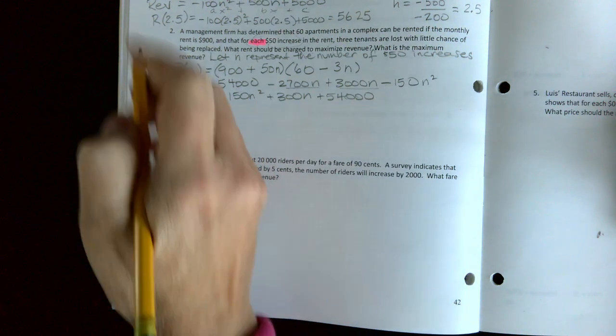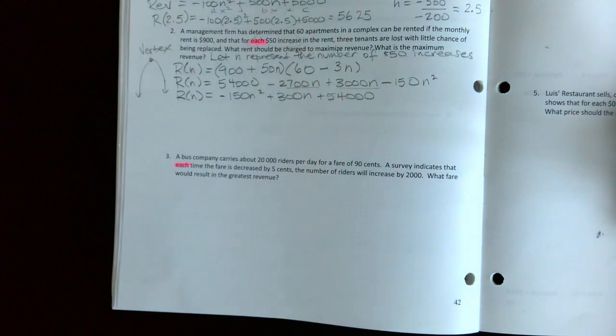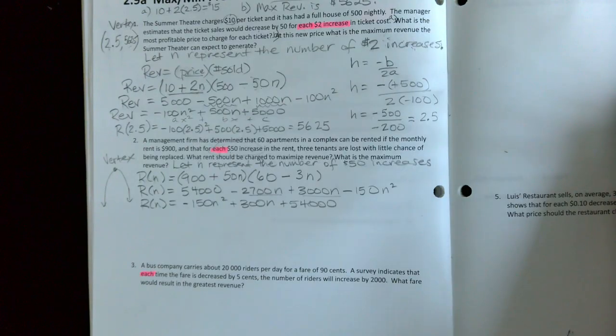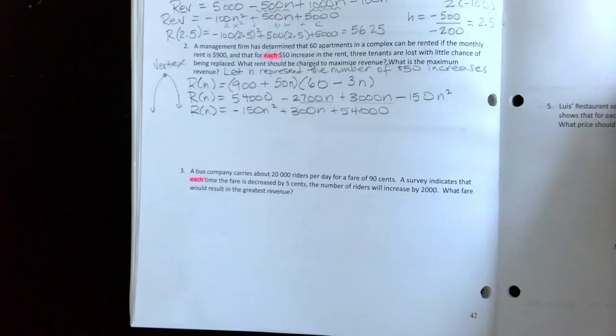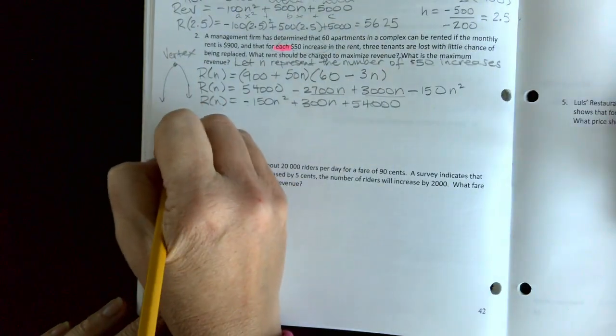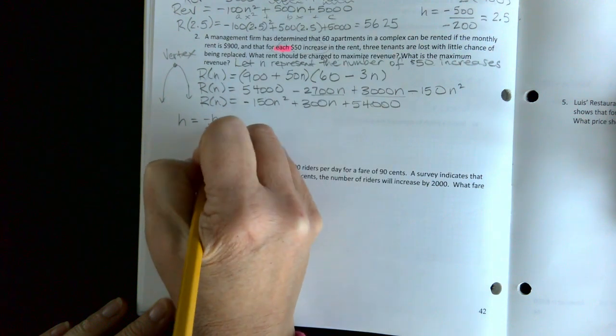So we need to find that highest point. Well, that highest point is the vertex. Now we have some choices. How would you like to get the vertex? Would you like to complete the square, or would you like to use what we used in number 1? Okay, you want to use the shortcut. I don't blame you. H equals negative b over 2a.